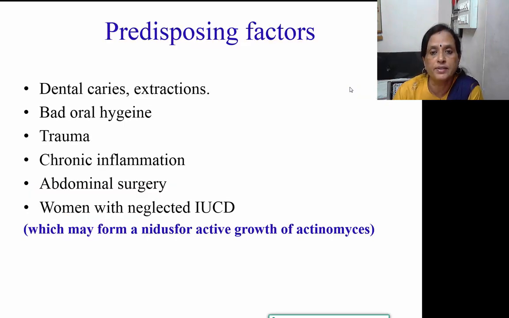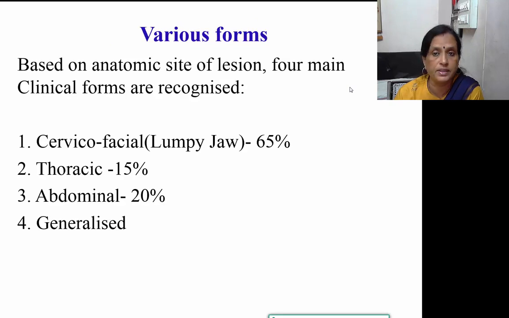So, predisposing factors: somebody has dental caries or undergoes tooth extraction, very bad oral hygiene, some injury, iatrogenic or due to some other cause, whatever be the trauma. More than that, trauma on the extremities. Then some chronic inflammation, abdominal surgery, or women with a neglected intrauterine contraceptive device. This device may form a nidus for active growth of the bacteria.